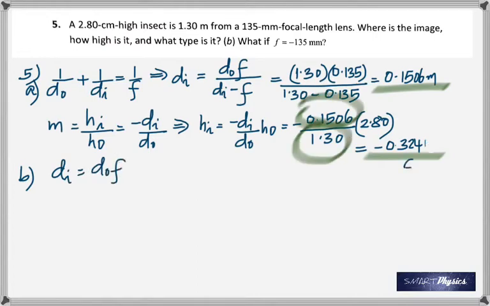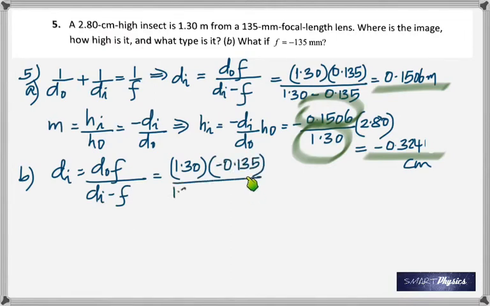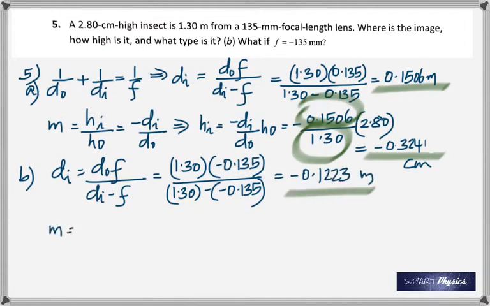In the B part, same formula. It's just that the focal length is now negative, so that's negative there. That means it's a diverging lens. And you get minus 0.1223 meter.